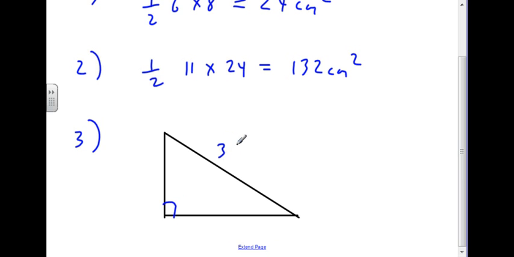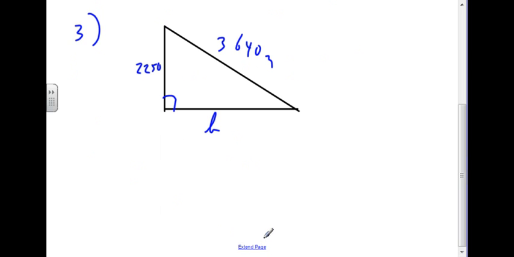The hypotenuse is 3640 meters, and we'll call that side 2250 meters, and that side's B. So the issue is the area is going to be 1/2 the base times the height. I know the height, but I don't know the base. Or I could tip it up the other way and I could know the base and not the height. But either way, I got to calculate B.